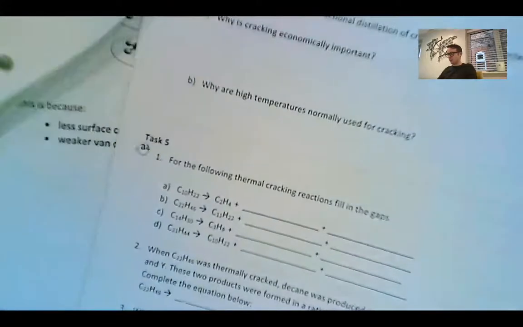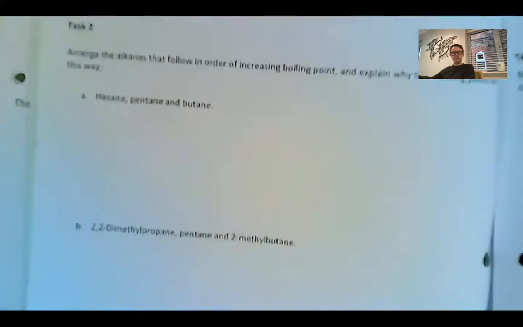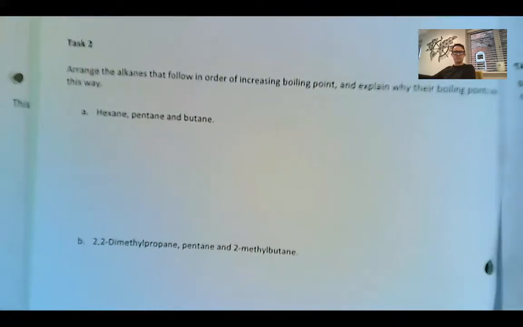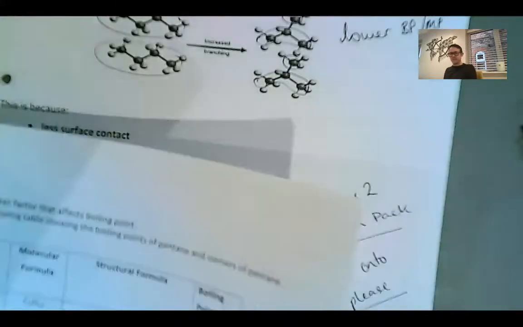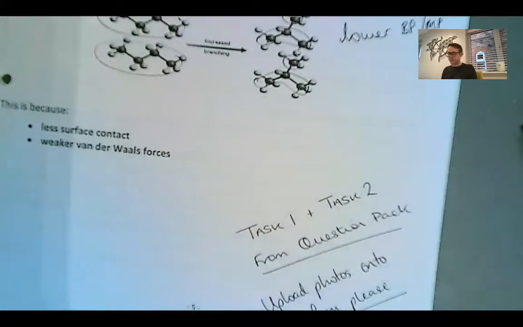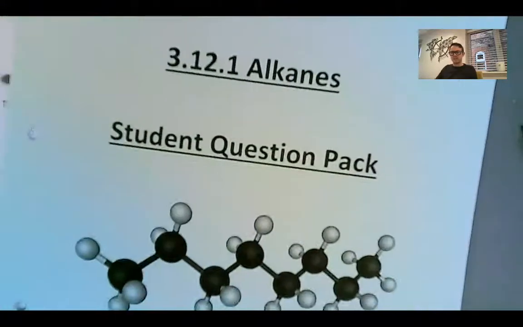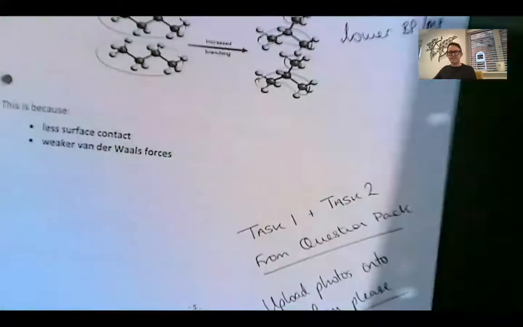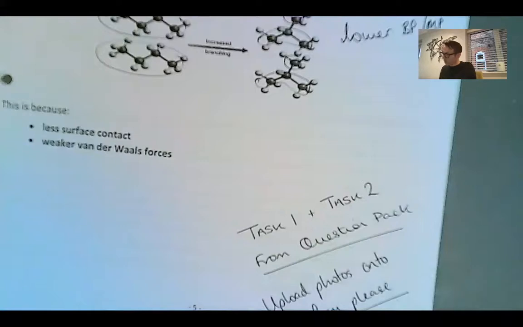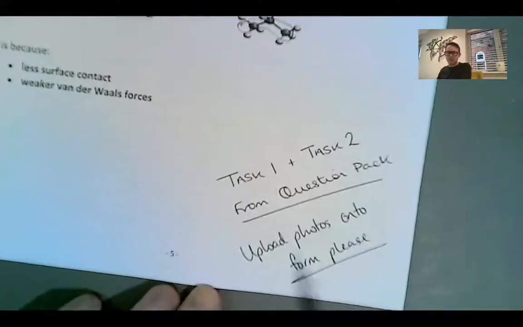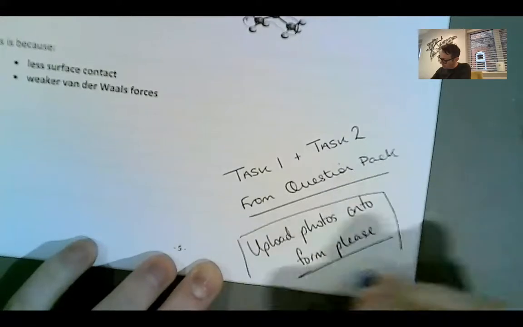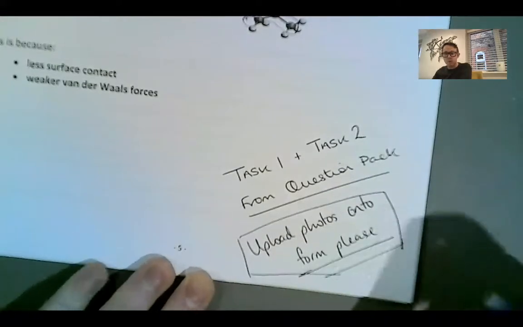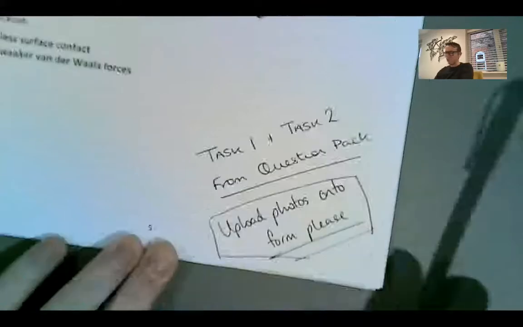Then task 2, the page over, has a few tasks about melting points and boiling points and what factors determine them. So you've got 3 pages of questions and tasks to complete from your alkanes. I'm going to send this out with the instructions with this video. Once you've completed those 3 pages, I will need you to upload them onto an online form so I can check that they have been done. You need to either photo those 3 pages to upload, but I'm also going to show you a bit of a trick on your phone.